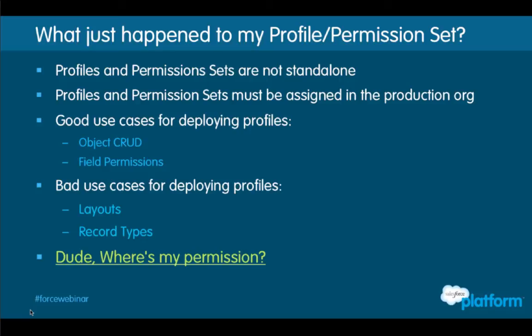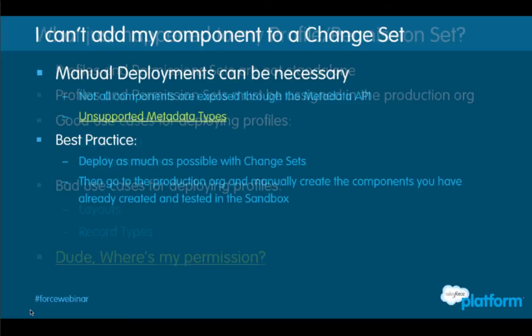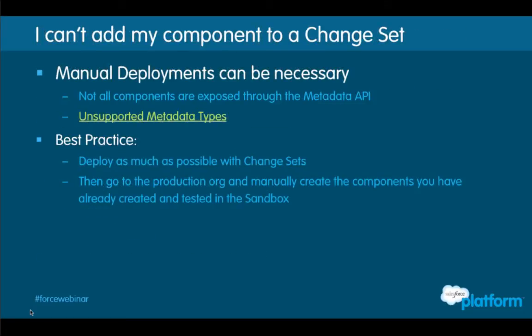So we've walked through how to deploy components. We've walked through some of the pitfalls that you can get into without a structured process. We've also shown some special casing around what happens when you need to deploy a permission set. But what happens if you can't add your component to a change set?